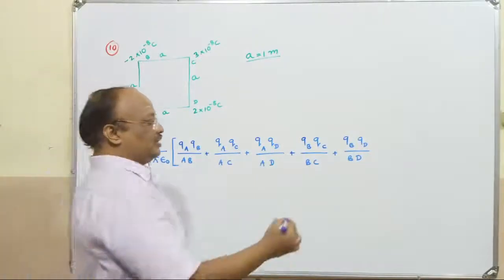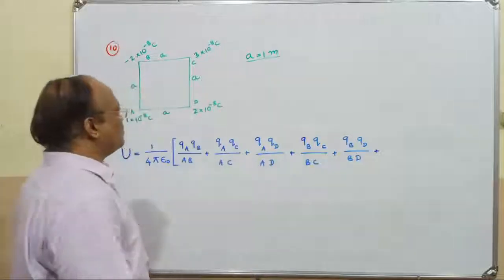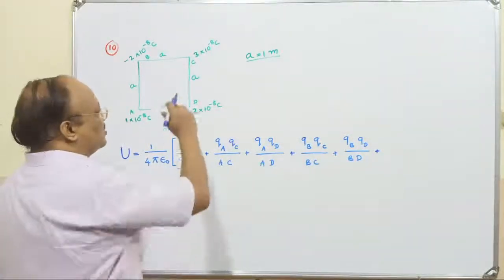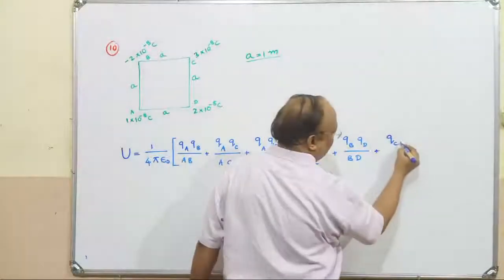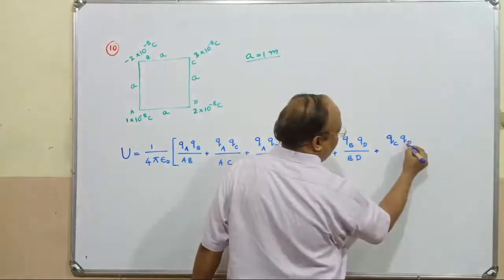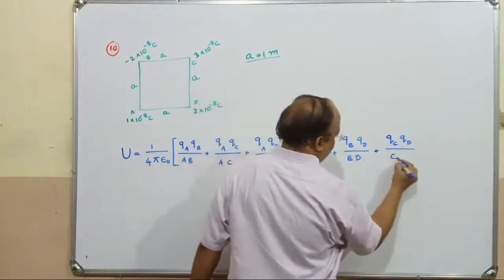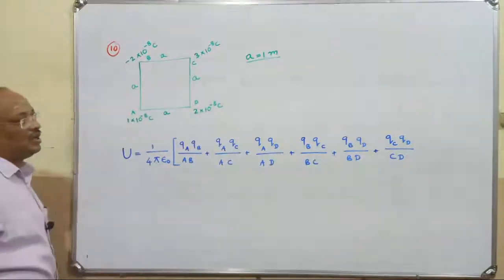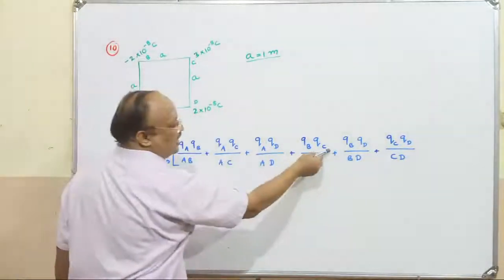Okay. Then next, from C. So from C to D, QC QD by CD. From C to B, already it is there.